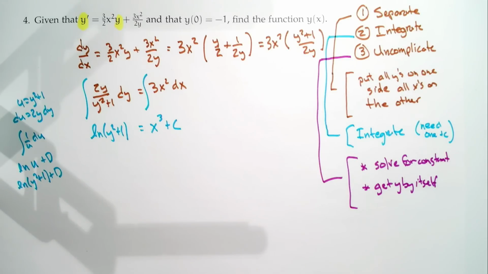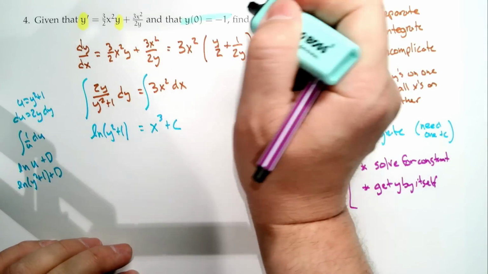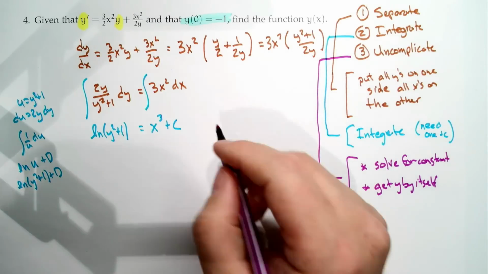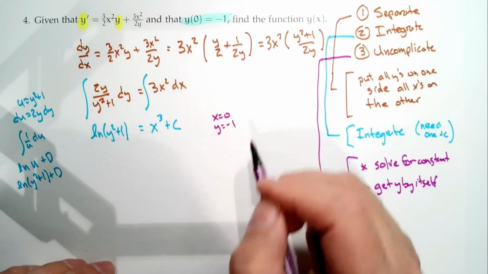I usually like to solve for my constant first, and you might say, okay, how do we solve for our constant? Well, there's something that we haven't used, which is this piece of information. The fact that y of 0 equals negative 1. So what that tells us is that when we plug in x equals 0, we get y equals minus 1.